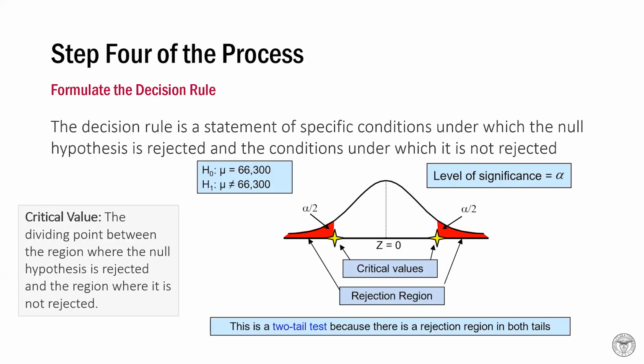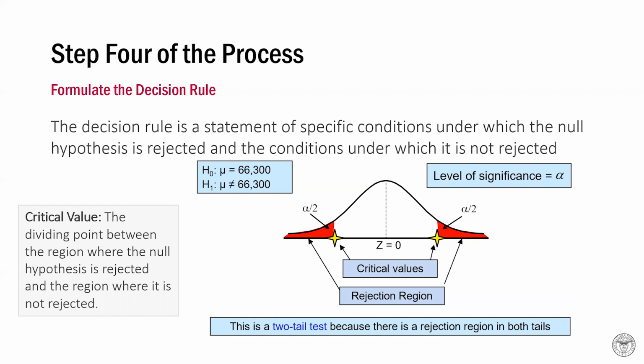Step 4 is to determine the decision rule. In definition, the decision rule is a statement of specific conditions under which the null hypothesis is rejected and the conditions under which it is not rejected.